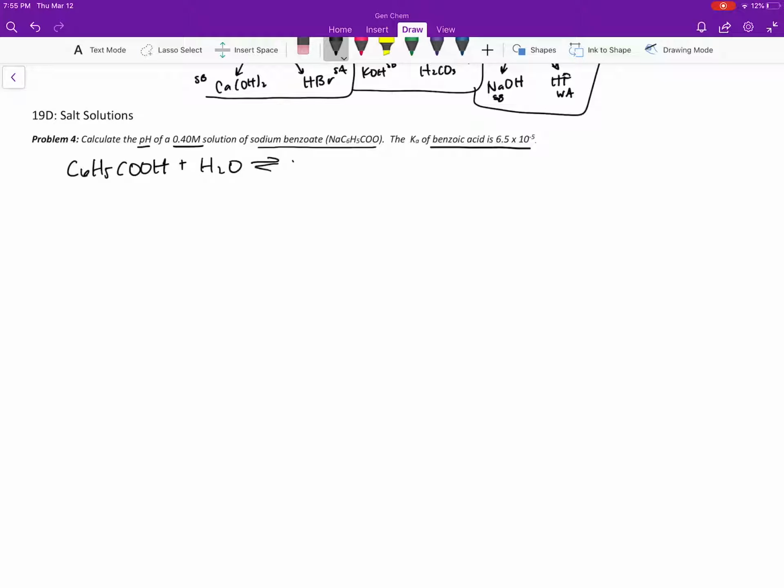And it's an acid, so it's going to give up its proton and make benzoate ion. In this case, it is sodium benzoate, because the sodium is out here making a compound as well, but we're not going to worry about it in solution. And it says calculate the pH of this solution.